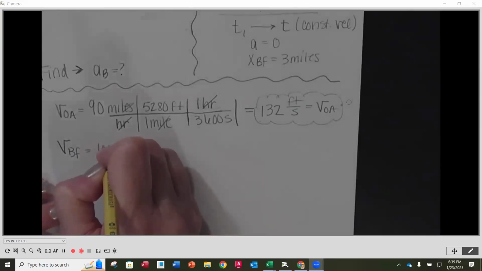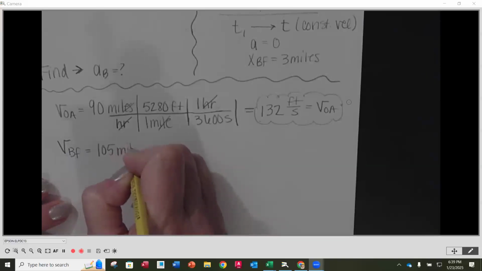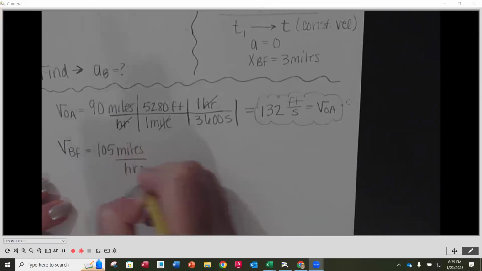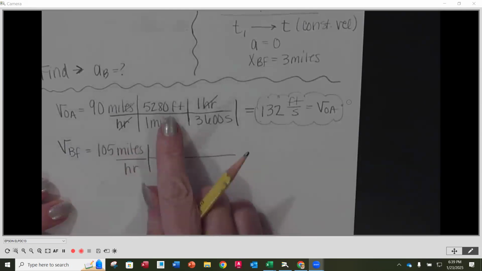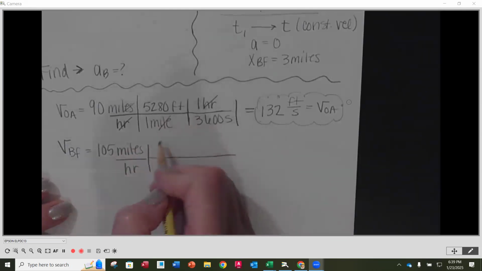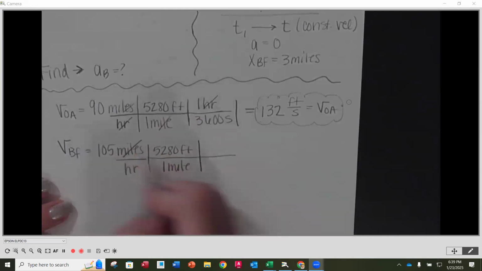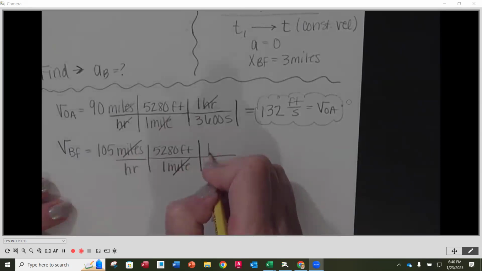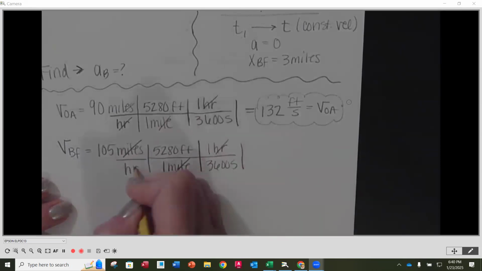So this one's going to be 105 miles per hour. And then we're going to use the same values that we see here. So 5,280 feet divided by 1 mile. Miles cancel. 1 hour is 3,600 seconds.